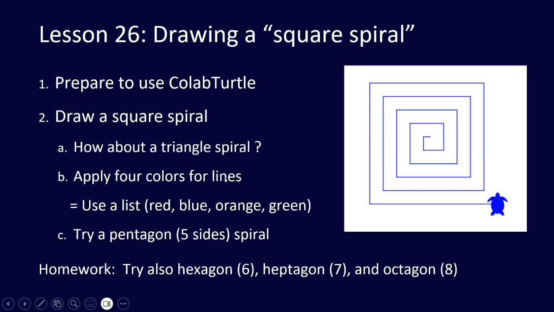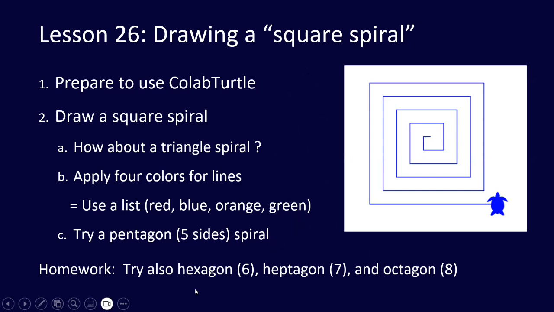The point is you go a little to the left in this example, then turn left, go a little longer, turn left, a little even longer, and continue this. This way you can draw a square spiral like this. And then we learned how to paint them, using different colors for lines.